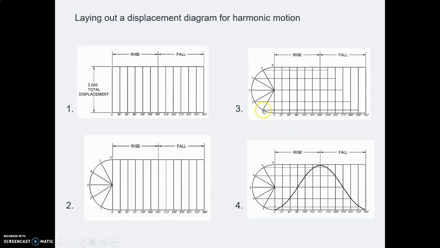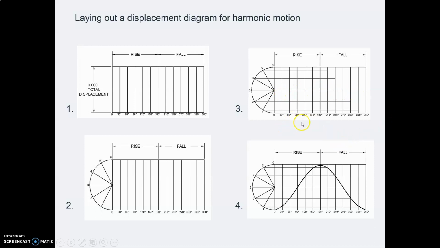Then, where the end of one of those arms hits the circle, project a line over into your displacement diagram, and project a line over from each point, from each line on your half circle.